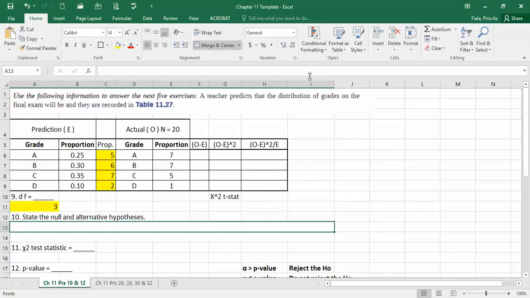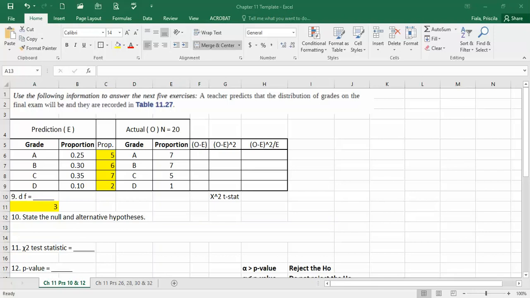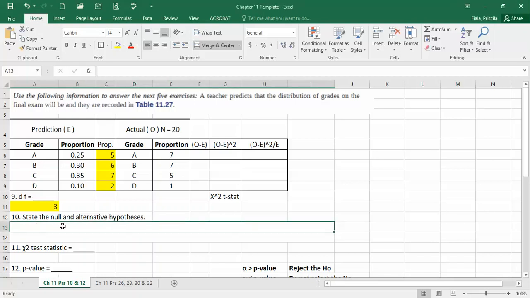Very important. I just told you that we're going to state the null hypothesis and the alternative hypothesis in sentences, correct? So the way you can do this is to say that your null hypothesis, it helps if I take that out, is that the observed class grades fit the expected grades.